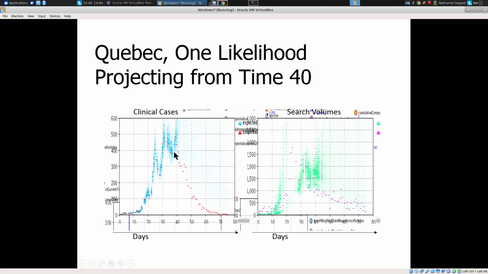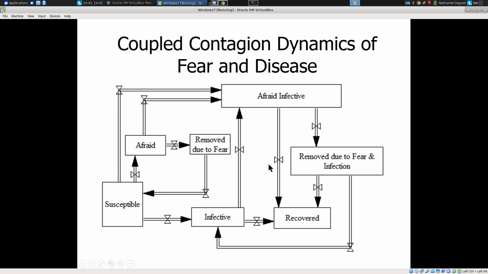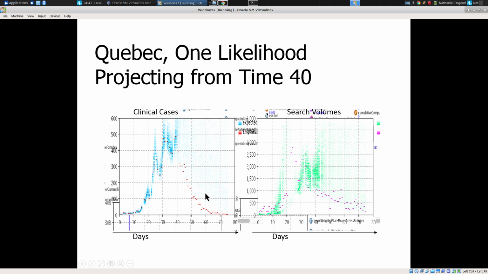And what we found is if we only use data from here and we tried to project forward, we became very quickly very uncertain about what would happen. Sometimes the model said it was going to be a very high incidence, sometimes a low. Same thing with predicting search volumes going forward. We tried to predict clinical cases going forward and search volumes based on this model and the empirical data and particle filtering.